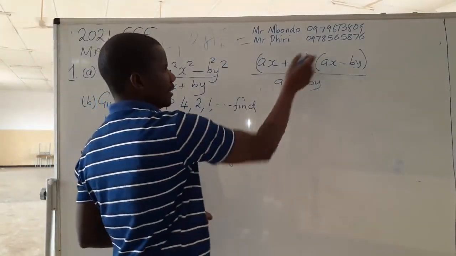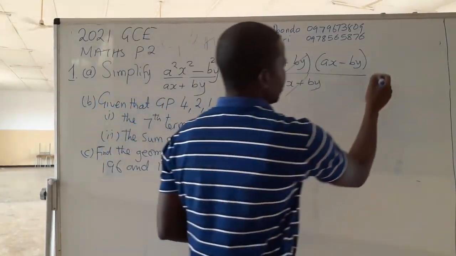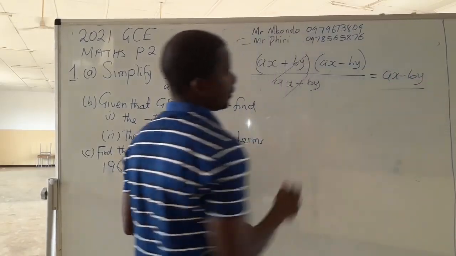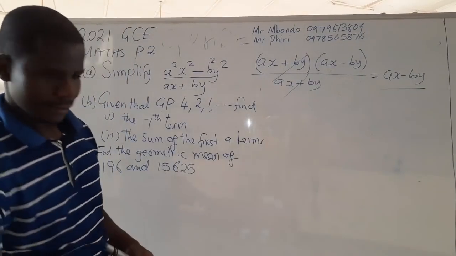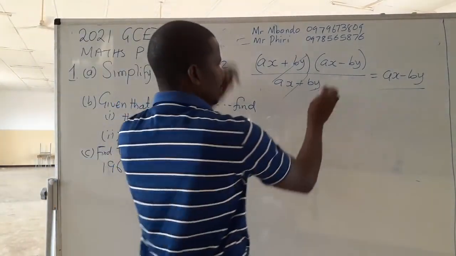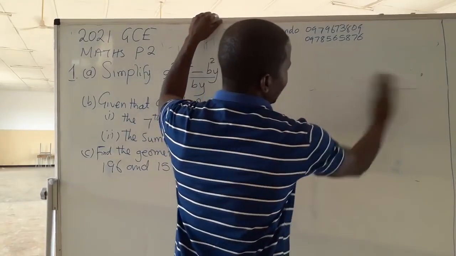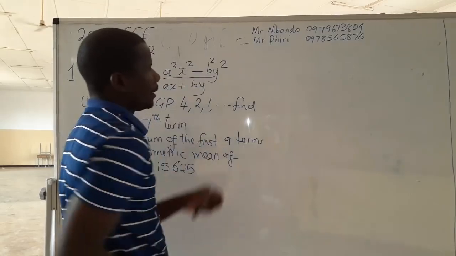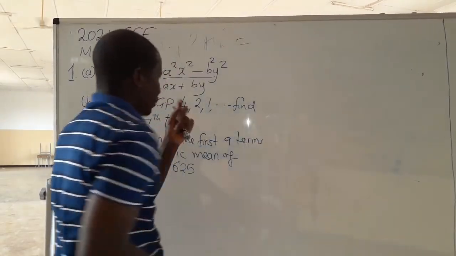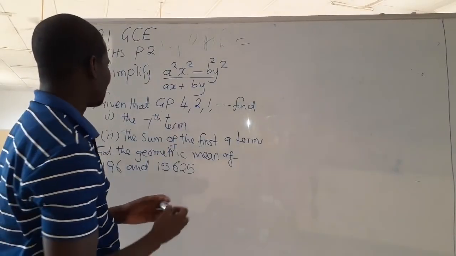And then you discover that this and that cancel, so we have this, which is going to be our answer. Is that clear? So then we look at the second one.